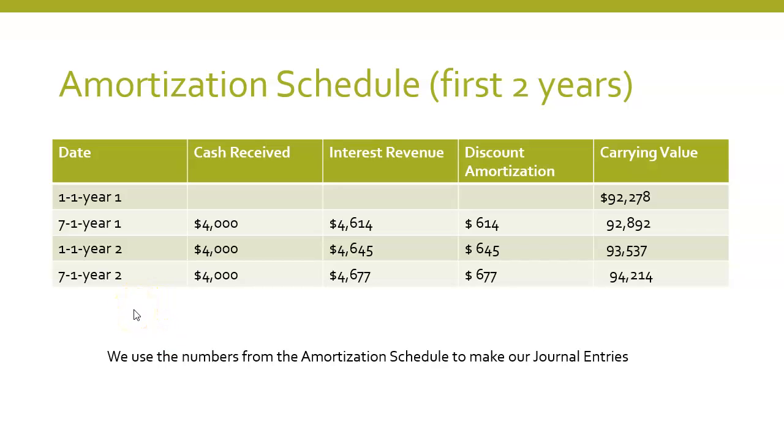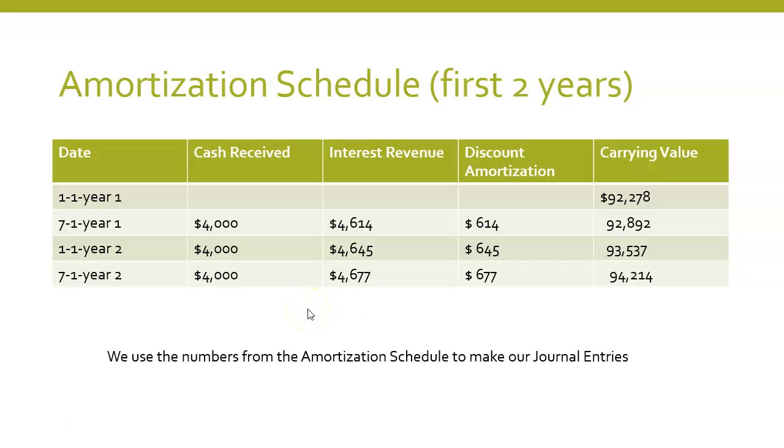Now, the thing is, if December 31st is the end of our fiscal year, but we're not actually getting this interest till the next day, January 1st, then on December 31st we're going to have to do adjusting entries. And so we're going to show this interest revenue as having been earned on December 31st, because basically it's 6 months worth of interest since July 1st.